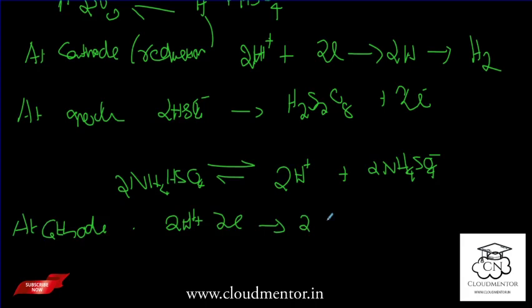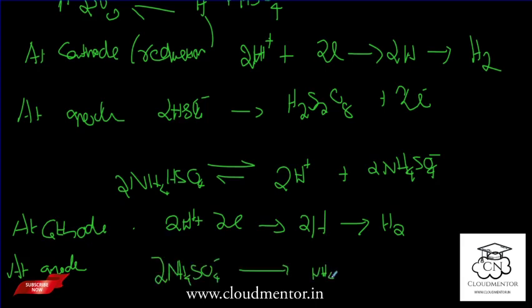And at anode, this oxidation takes place: 2NH4SO4 minus giving (NH4)2S2O8 plus 2 electrons.